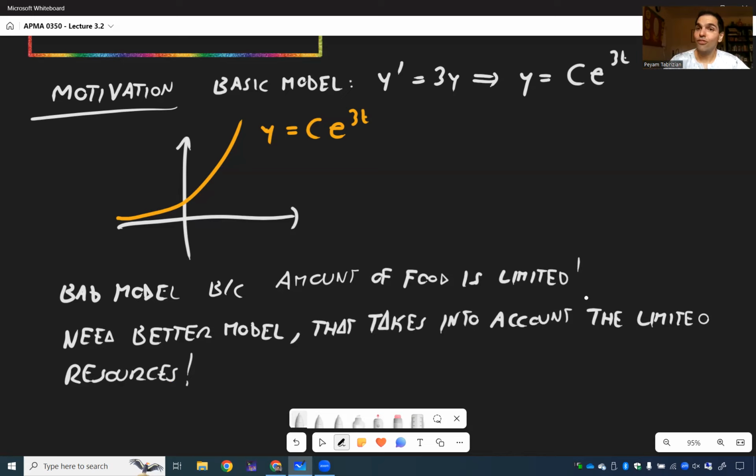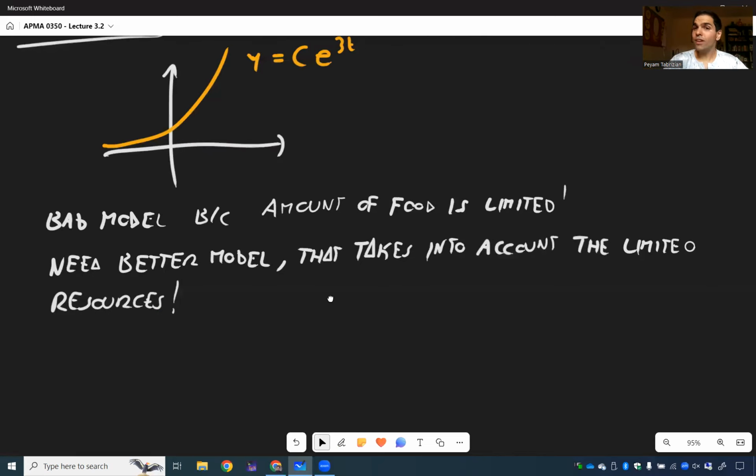In fact, without further ado, here is the better model. But I do want to mention, by the way, this is very typical in applied math. You first find a model, see how good it is, and then you critique it with the hope of finding a better model. So there's this constant interplay between having a model and improving it.